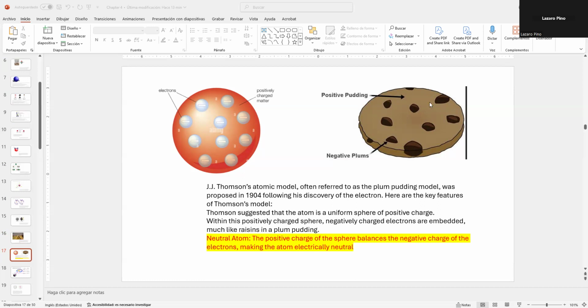He used the form of the plum pudding, and he said that the negatively charged electrons were distributed into a mass that was positive. This is the model that he proposed in 1904.